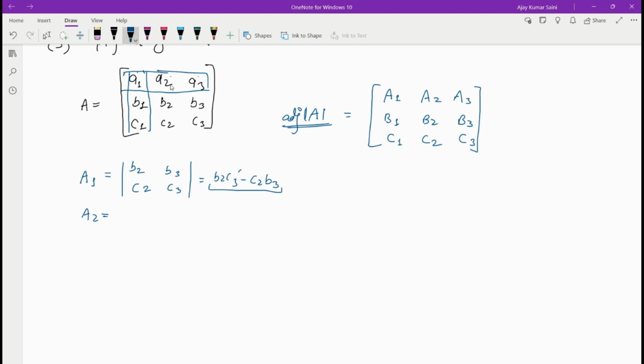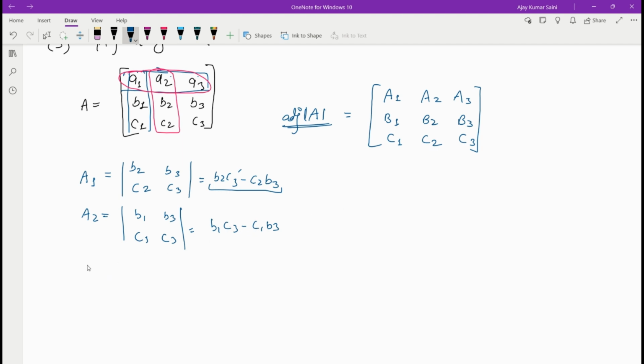Okay. So similarly for a2, this row and this column. So b1, b3, c1, c3 is equal to b1 c3 minus c1 b3. Okay.